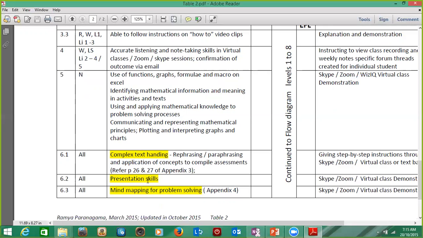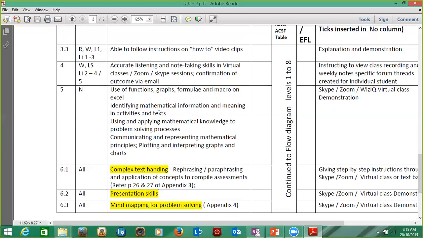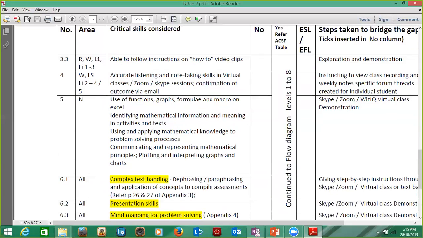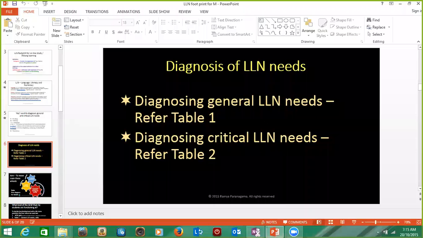And then add some animation, or automate your presentation when you upload it to the learning management system, so that you don't need to present. Your speech is given in the note pages, or add a sound clip or a video clip. So these all become critical skills. That's enough for the table that we were talking about.